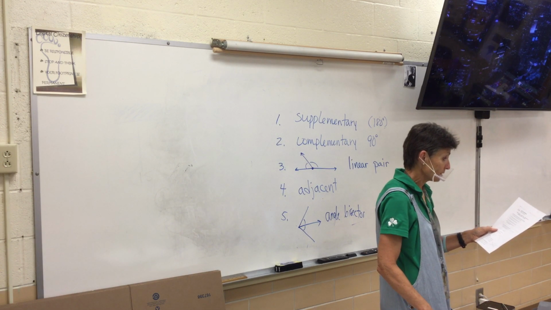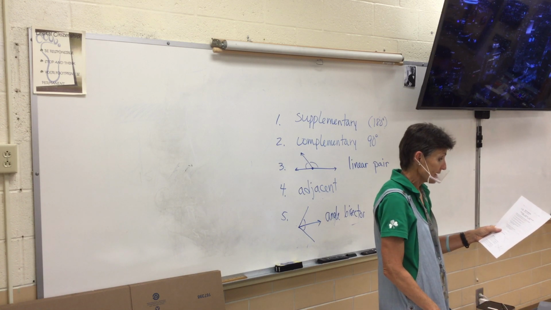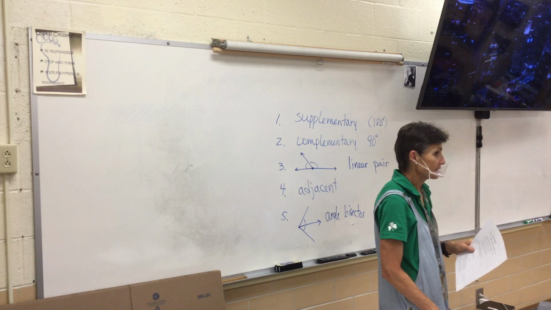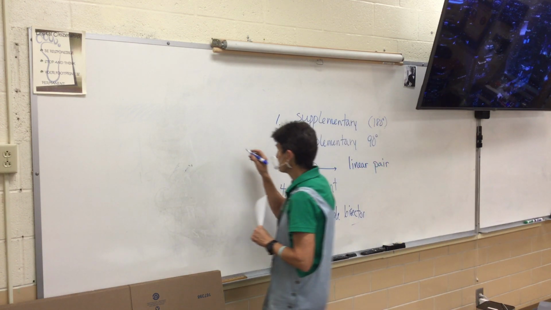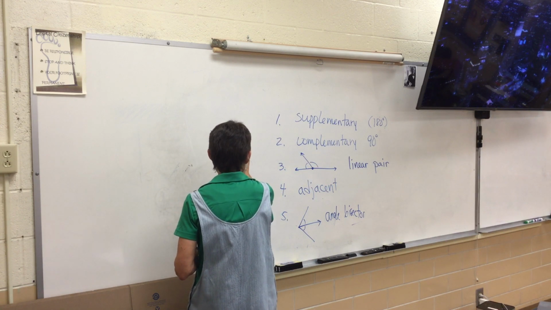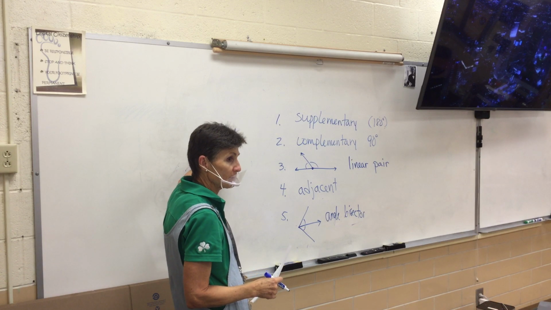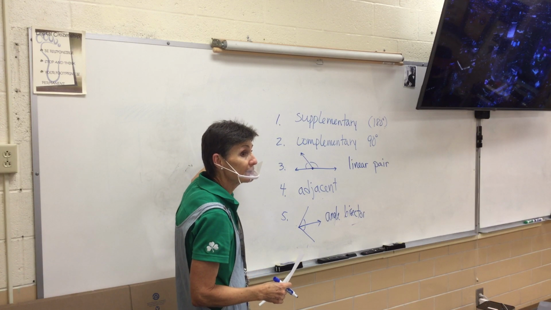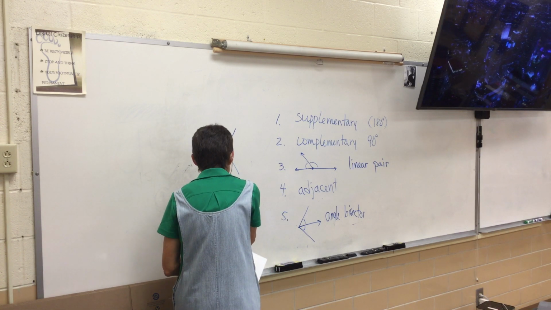What kind of angles, look at your word bank, never share a side? That would be this one and this one. What do we call angles like that that are formed by an X? Vertical. So the answer to number 7 is vertical.